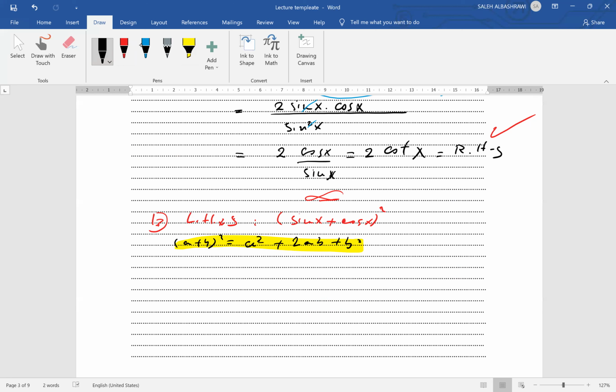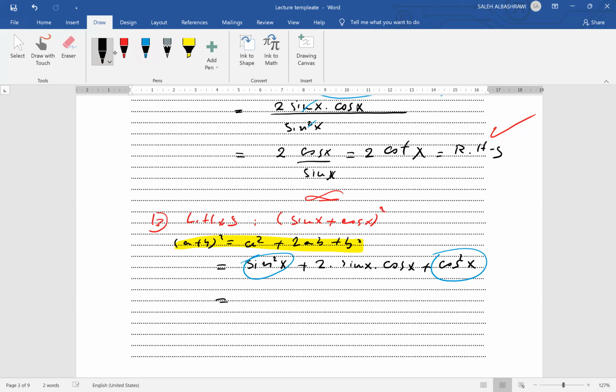So sine x plus cosine x all to the power 2 will be equal to, the first one is sine square x, plus 2 multiplied by sine x times cosine x, plus cosine square. But we know that sine square plus cosine square is equal to 1.